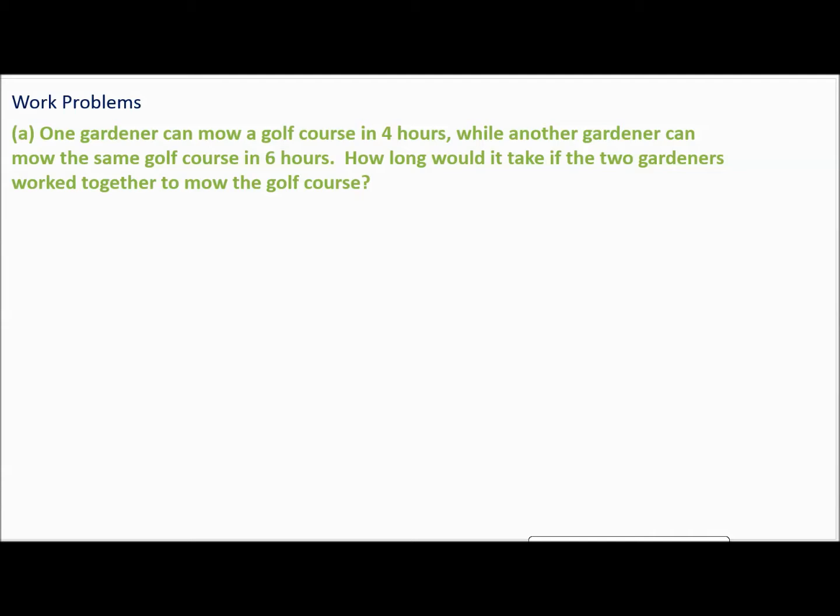So one person could do 1/4 of the job in 1 hour. What about the other person? Well, it says he can mow the golf course, or she, in 6 hours. So the other person can do 1/6 of the job in a single hour. And the question is, how long would it take them to do the job together?